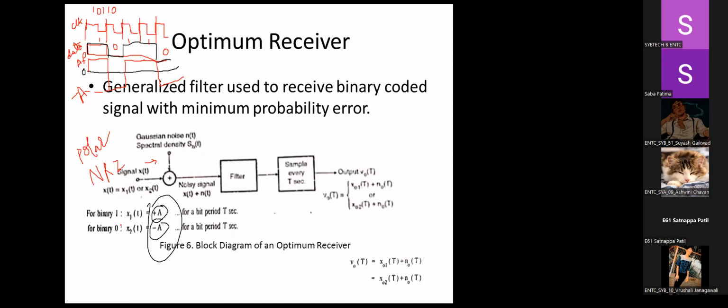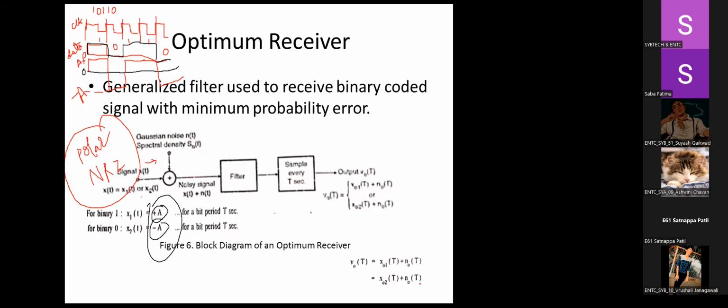Fine. So basically I just wanted to give you that we are considering here the polar NRZ signal at the receiver end, which is given to the filter and finally sampled at every T seconds, and we get the output over here, right? Now, since we have the binary 1 and 0, plus A and minus A is being transmitted for that particular duration.